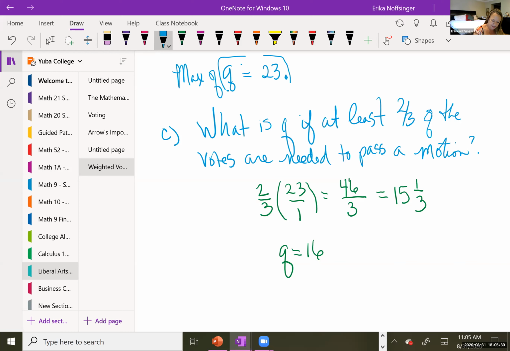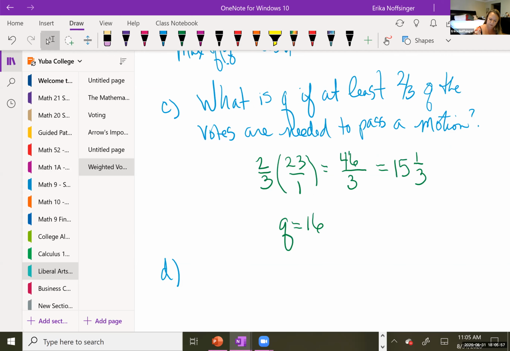So part D. What is the value of the quota if more than 2/3 of the votes are required to pass? I think that's the same answer as above. So what is Q if more than two-thirds is needed to pass?